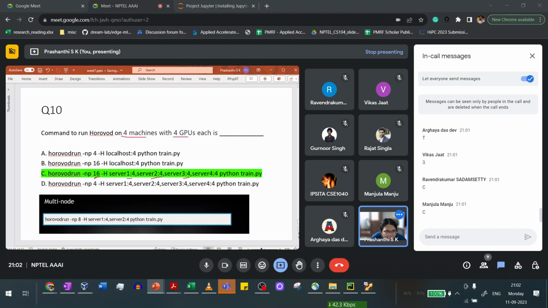That's, I think, broadly the syntax, but you can confirm it. I just looked at the example you had in the slide, but please check Horovod's official documentation on this also. Yeah, pinning each GPU to a single process is where 16 comes from.